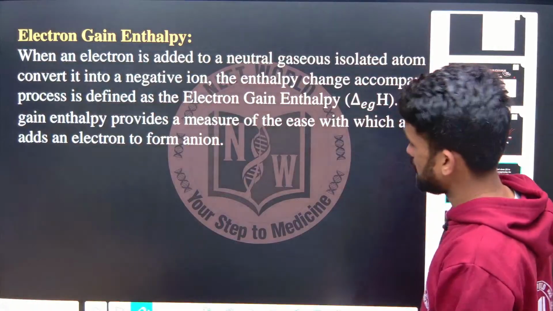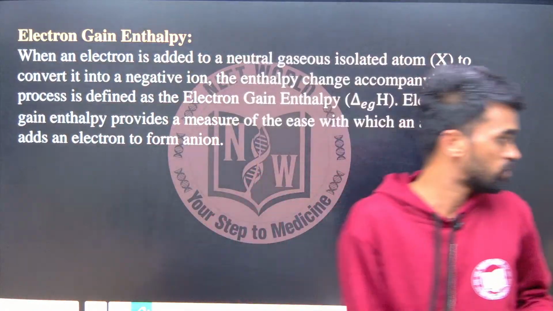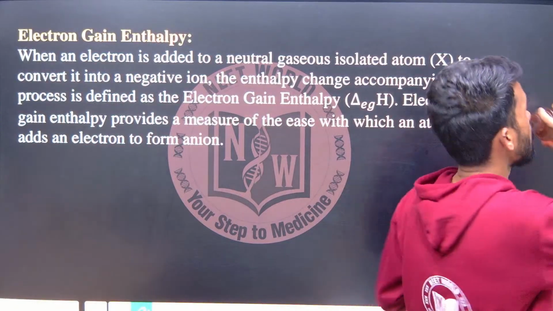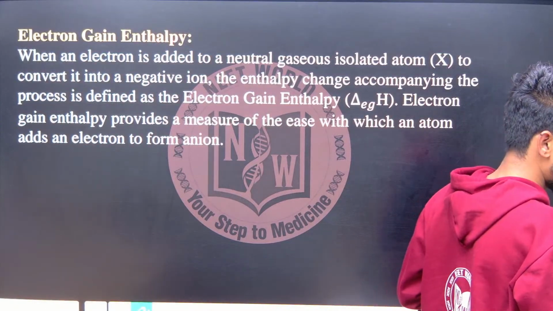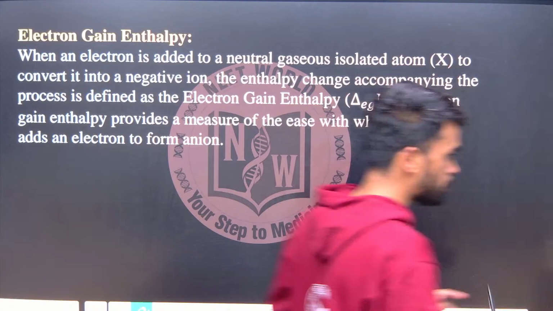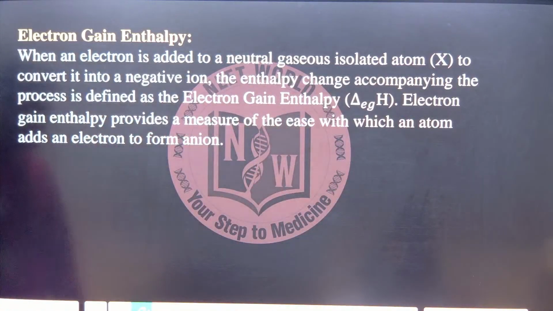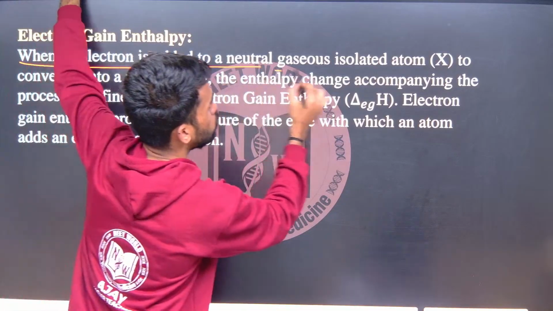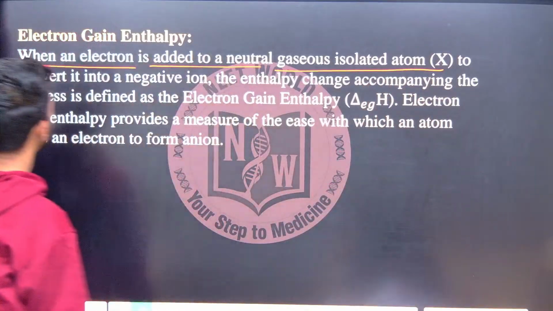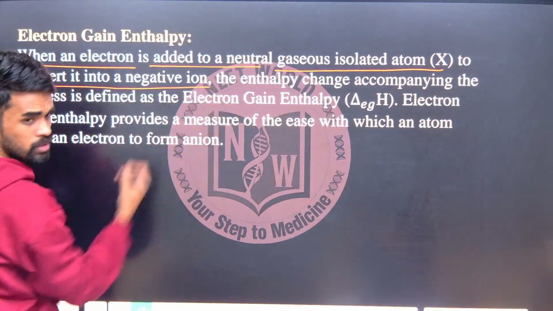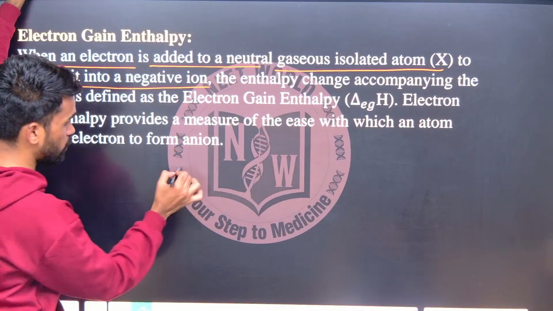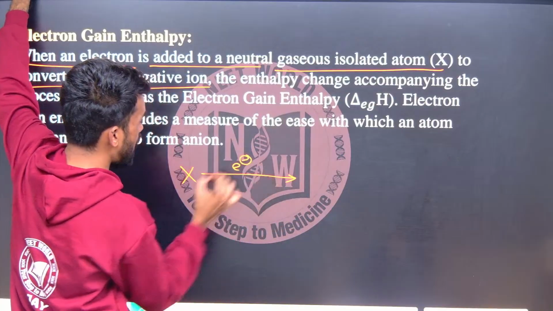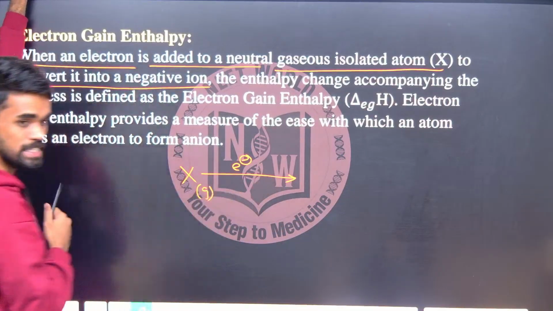And the next, here we have electron gain enthalpy. This is also an important property to be discussed. What does it mean? When an electron is added to a neutral gaseous isolated atom, it converts into what form? Negative form, anionic form. If X is an atom, now we are adding an electron to this gaseous isolated atom.